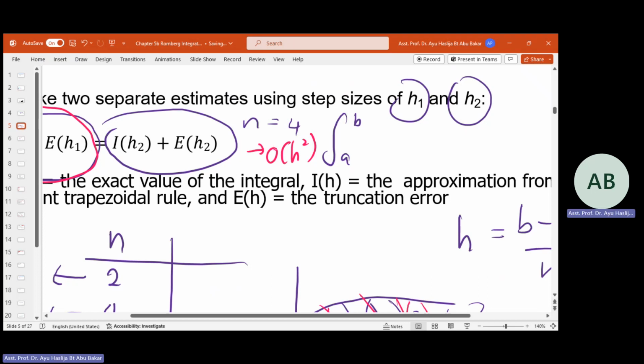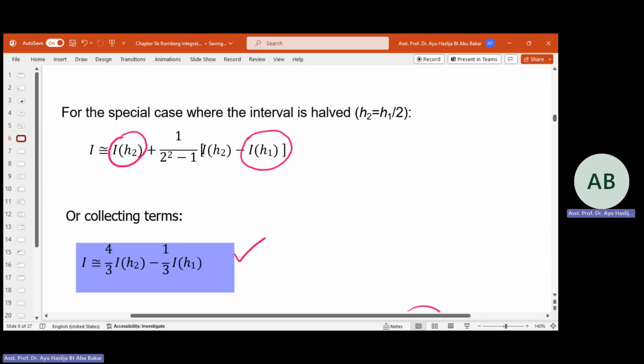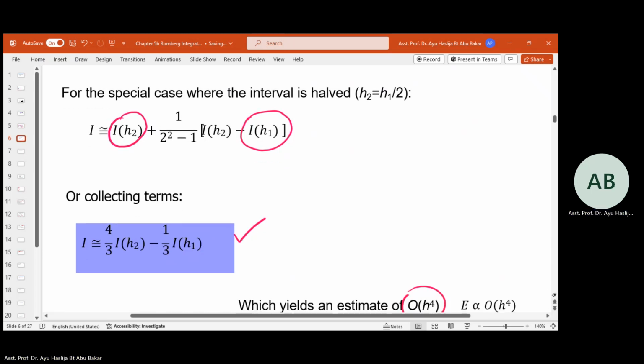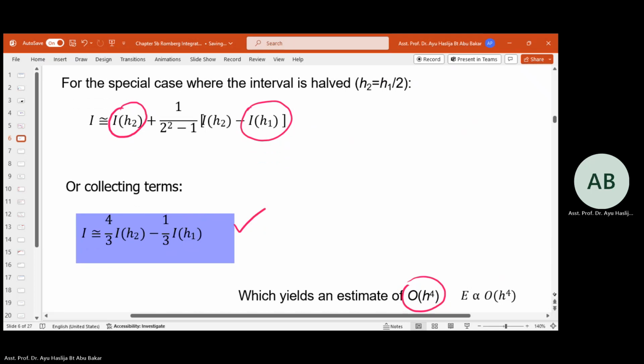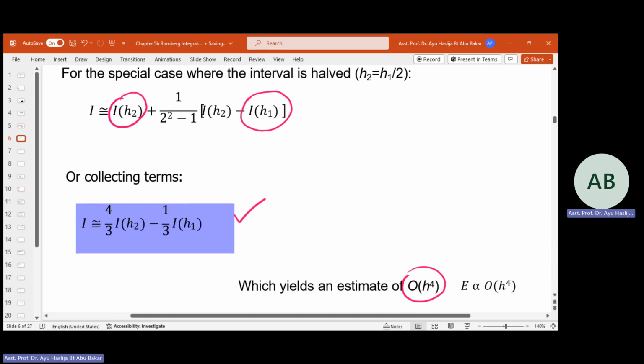You can read it for your own understanding because I will not go further into how to derive this. You just remember one time integration O(h^2) first level, then second level integration is O(h^4).